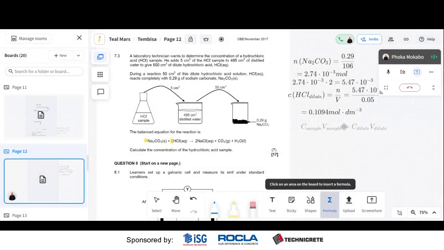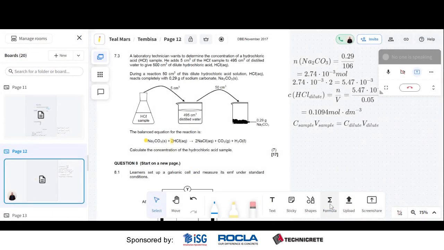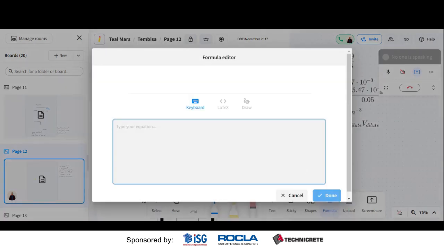Okay, place that over here. And the concentration is what we're looking for. The concentration of it in its sample form is what we're looking for. We know the volume of it being non-diluted. We know that to be 5 centimeters cubed.